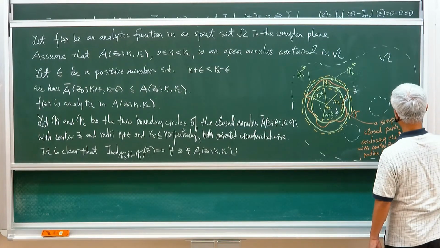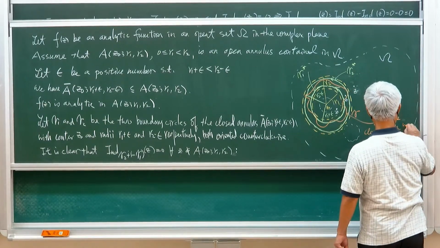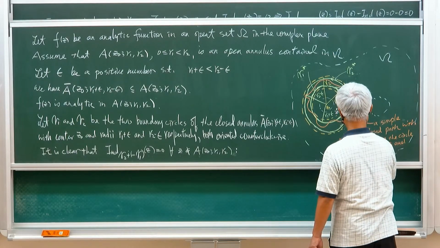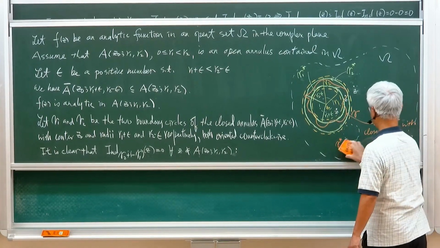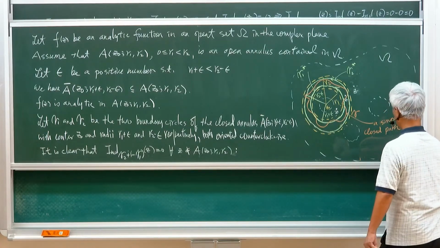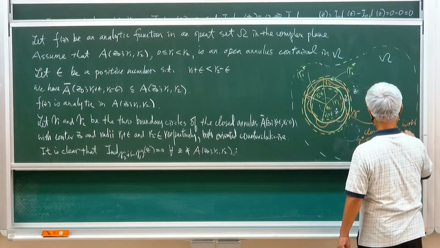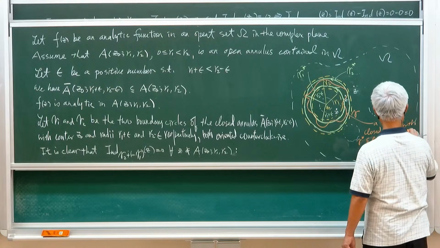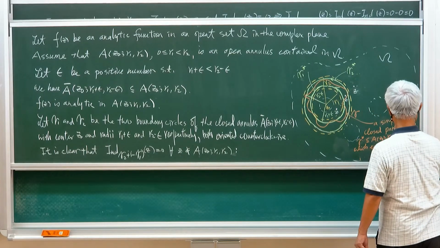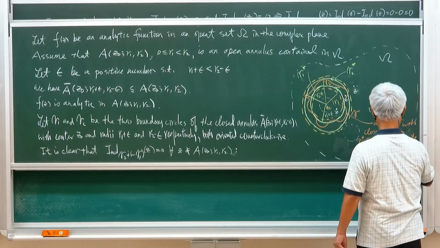So it's a simple closed path with gamma star contained in the open annulus, in the yellow open annulus, which encloses the circle with center z sub 0 and radius R1.